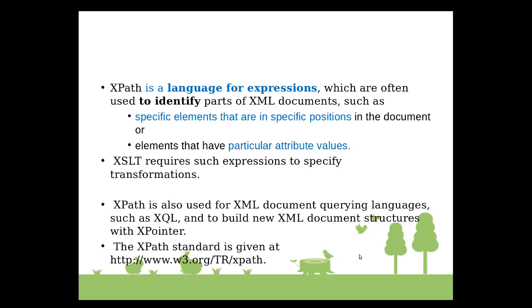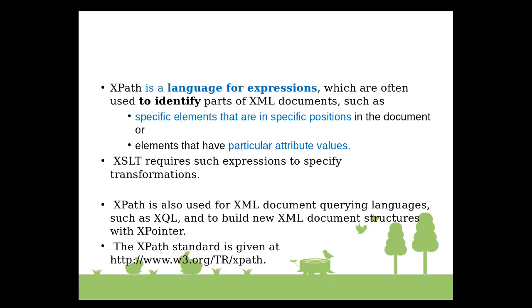XPath is a language for expressions which is used to identify the parts of the XML documents that specify some elements that are in specific positions in the document, or elements that have particular attribute values. XSLT requires such expressions to specify the transformations, to find out the match.